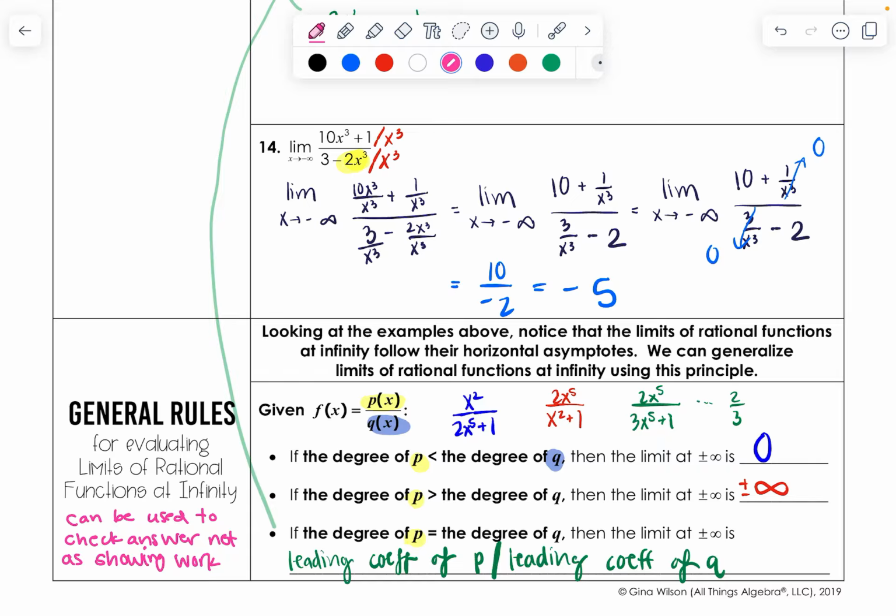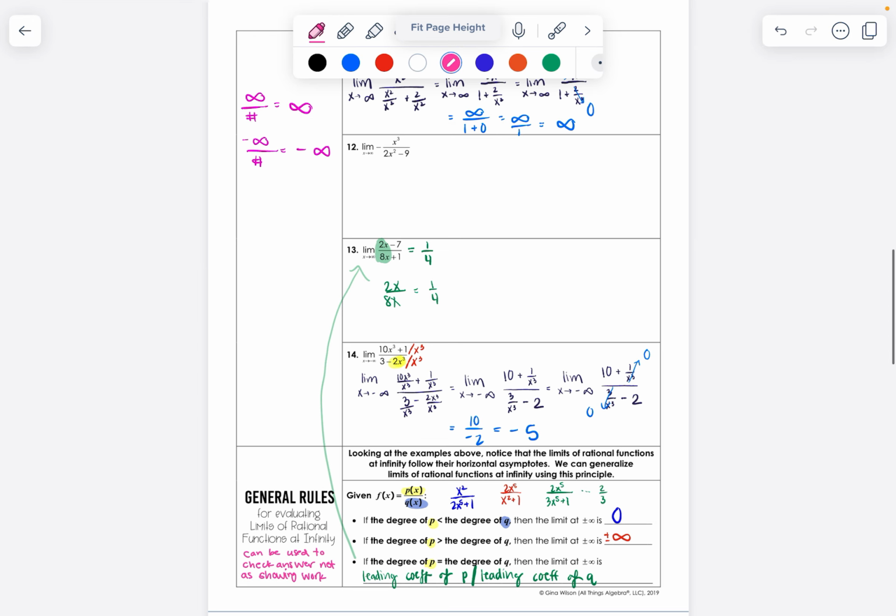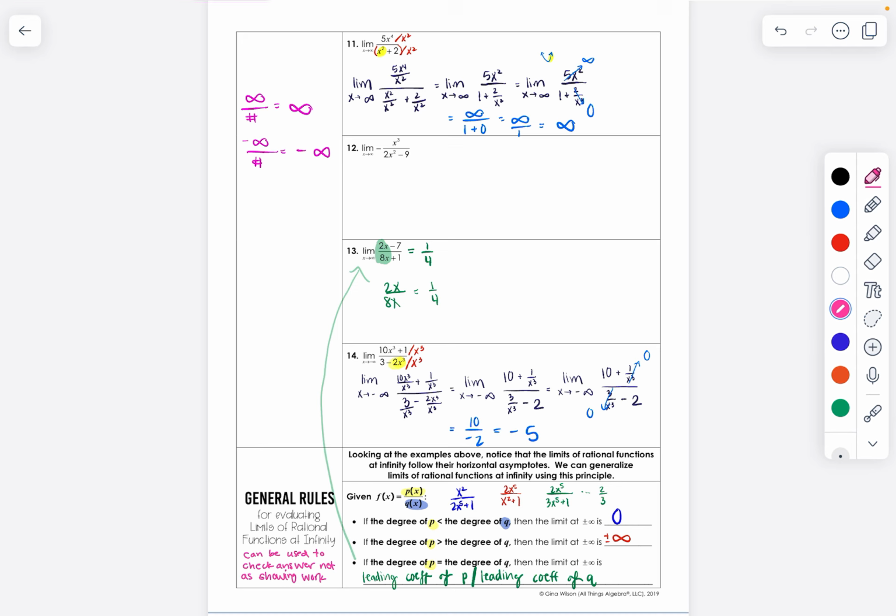So the leading coefficient of P divided by the leading coefficient of Q. Okay? That is your notes for this learning target. Please pause and make sure you have this written down.